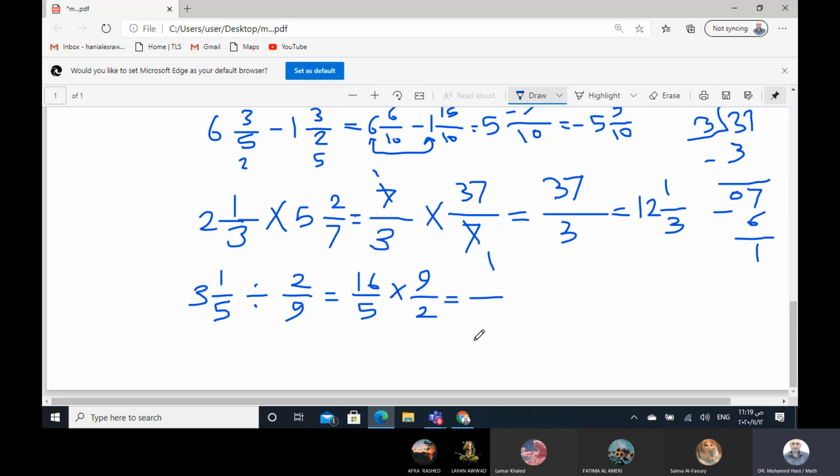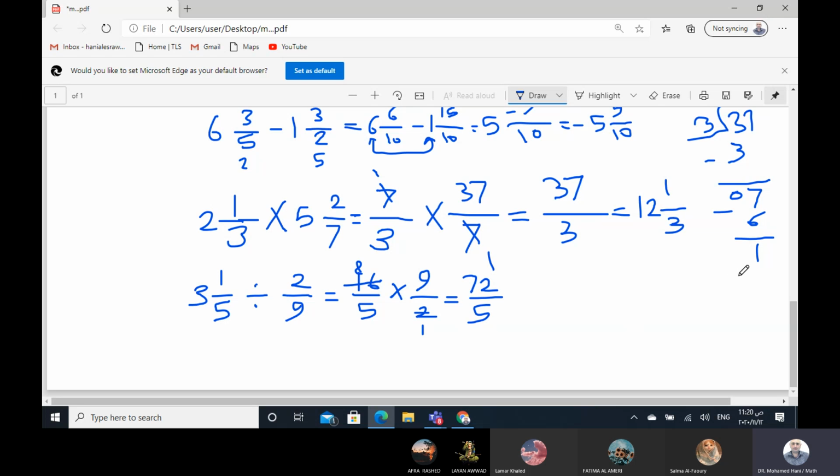For an easy way, you can simplify before the multiplication. Here we have 16, here we have 2. 16 divided by 2 will be 8. And 2 divided by 2 will be 1. Now 8 times 9 will be 72. And down we have 5.